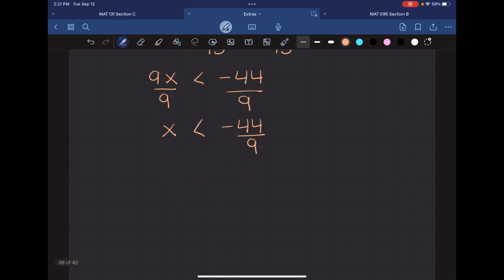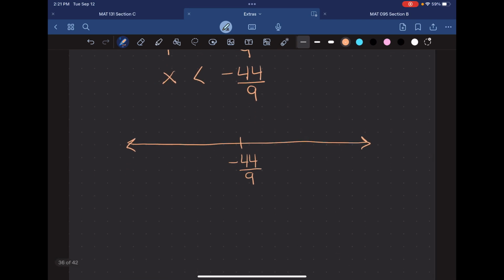If we want to graph this, we'll take a number line and find where negative 44 ninths is on the number line. If it helps, you can think of this as a mixed number. 44 ninths is the same as 4 and 8 ninths. So negative 44 ninths is the same as negative 4 and 8 ninths.